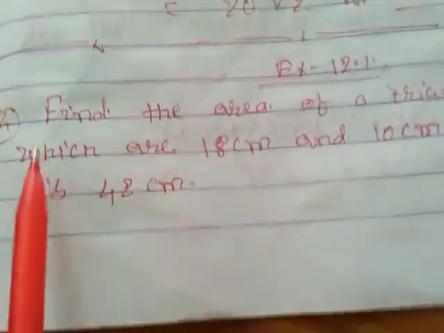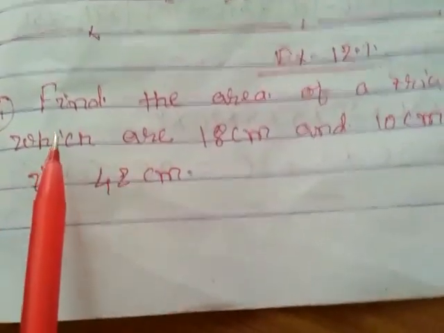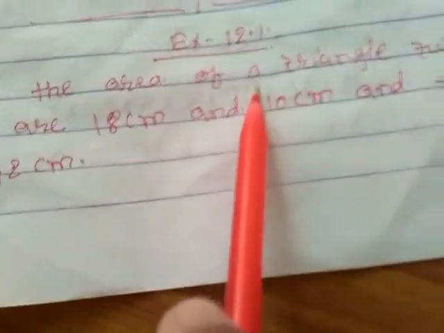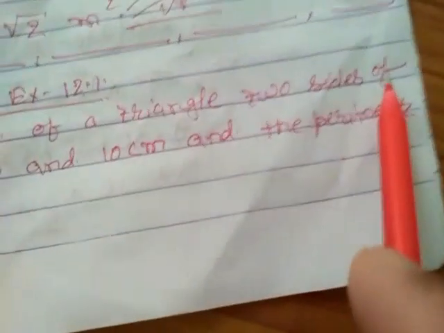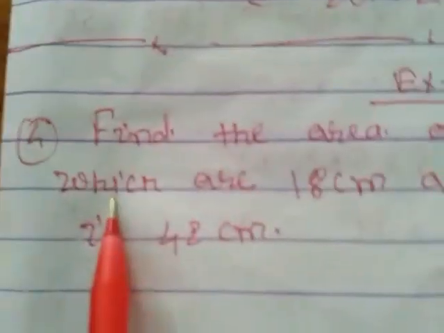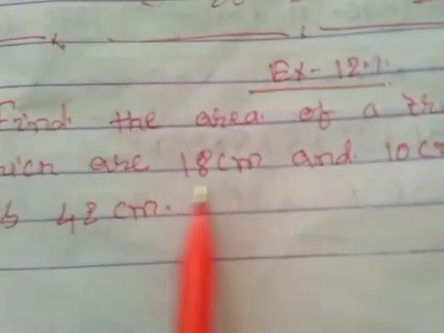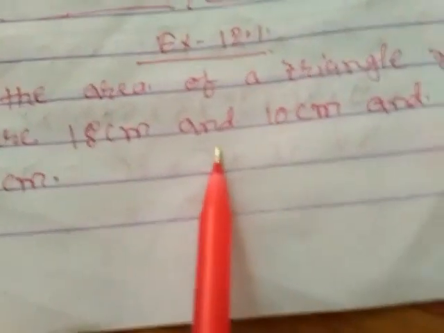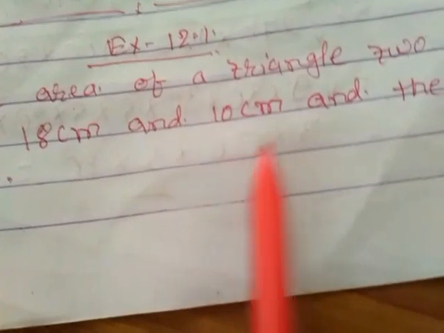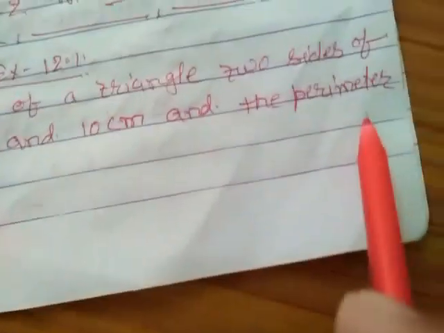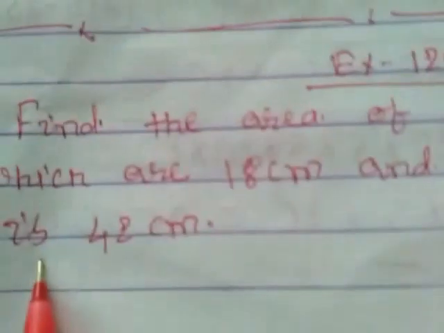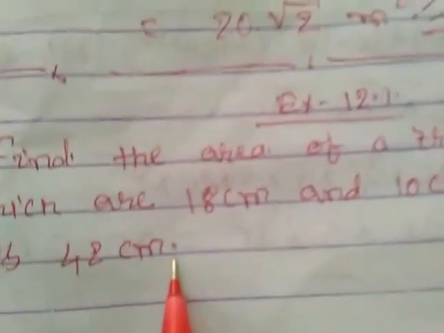So question number 4 is: find the area of a triangle, two sides of which are 18 centimeter and 10 centimeter, and the perimeter is 42 centimeter.